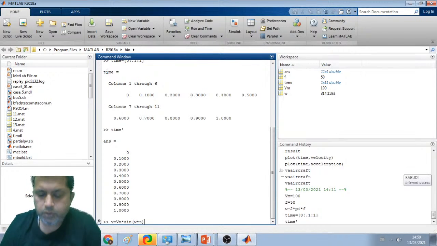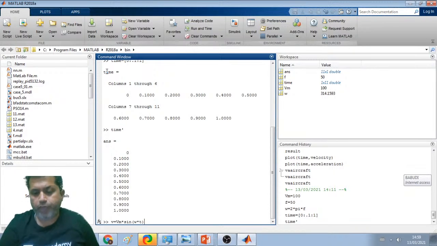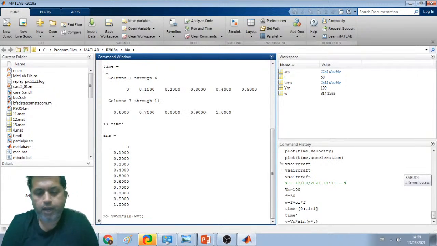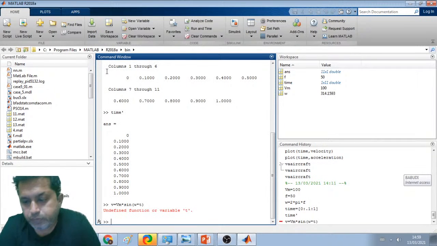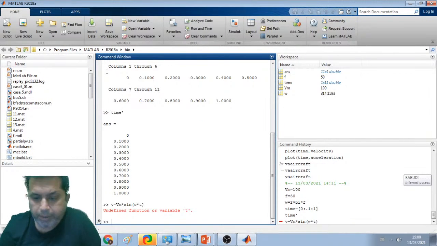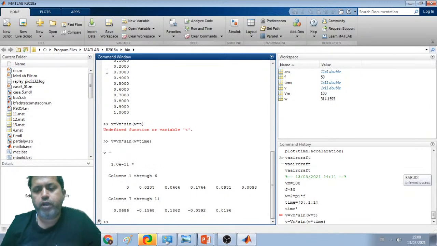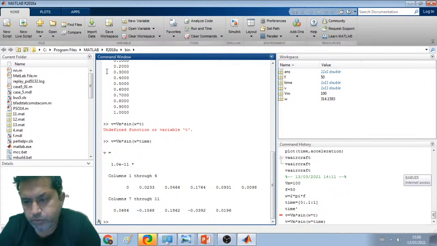So V equal to Vm sine omega t, and I will hit the enter button. Now time t, we have not defined t, we have defined actually as time. So we'll put time.